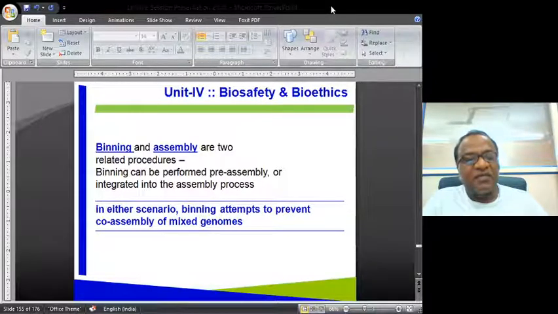It always prevents co-assembly of mixed genomes.